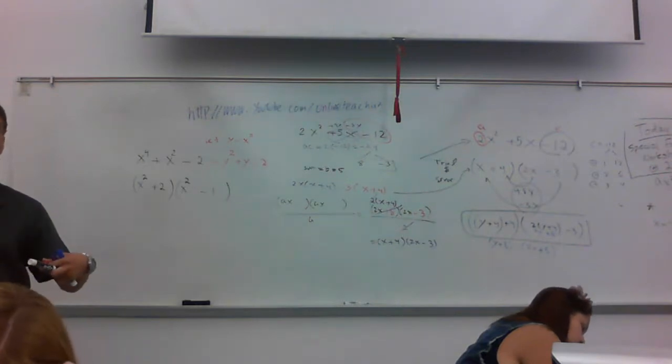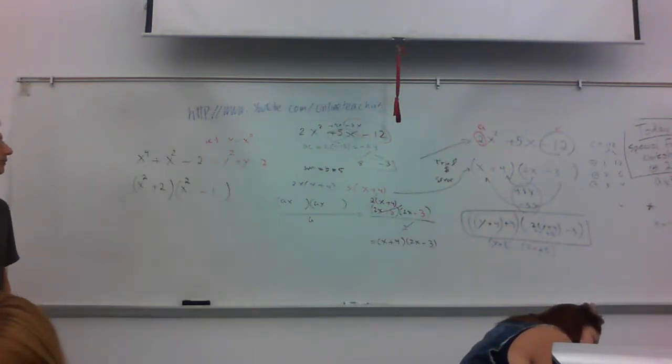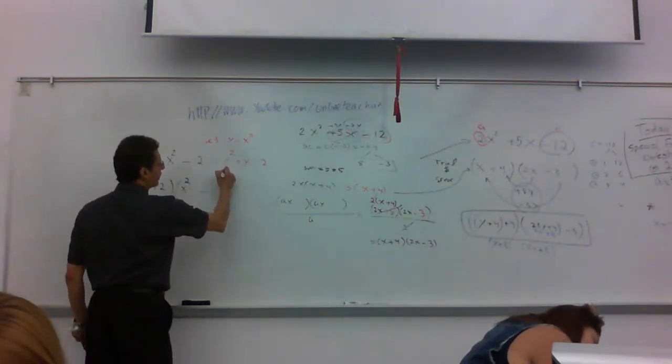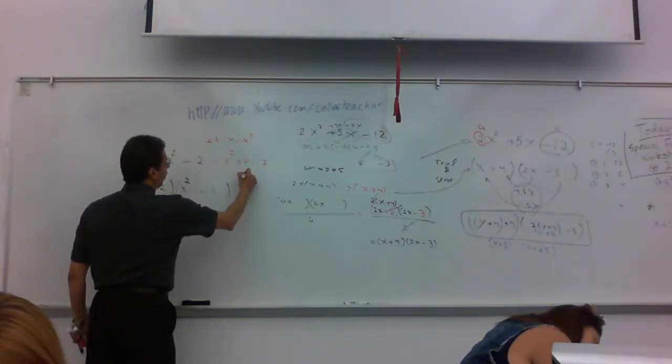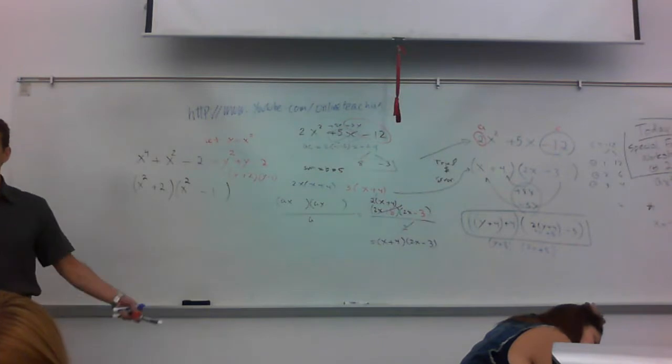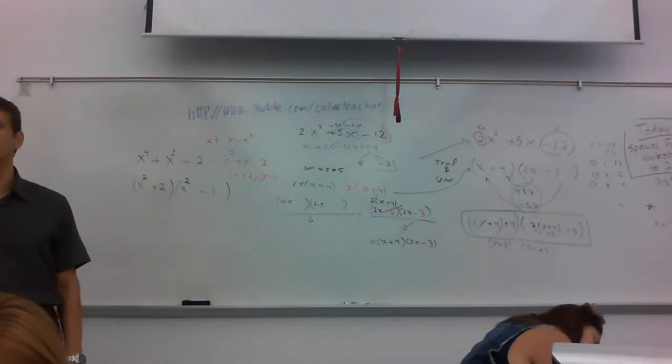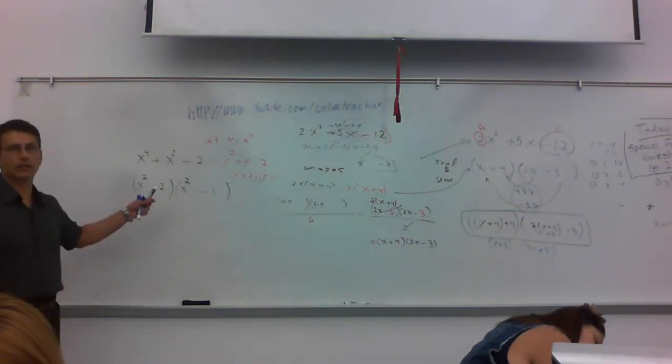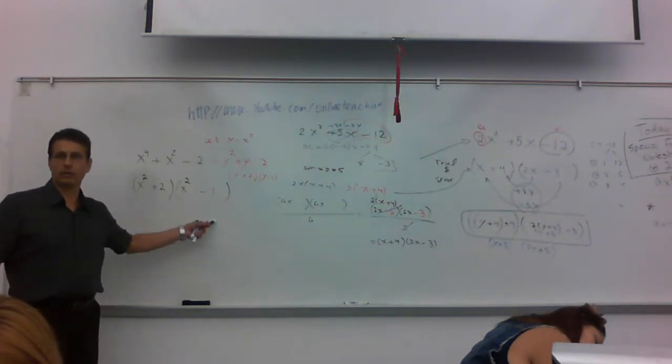And then replace the y with x squared. Now, in other words, the red one becomes what? y plus 2 times y minus 1. Is that right? Which, of course, is not finished since you have to go back to the original variable. All right? So no matter how you do it, you end up here, right?